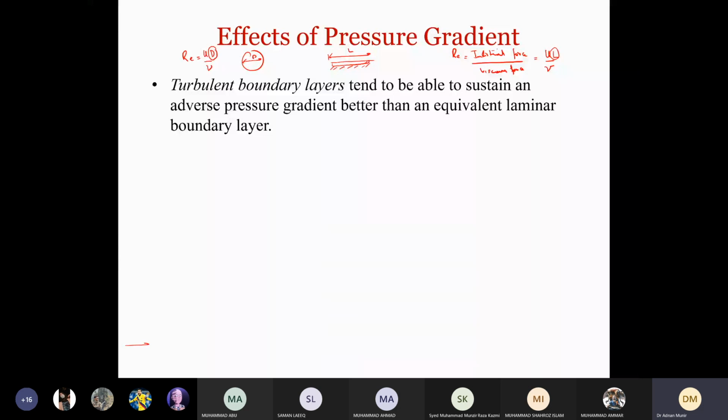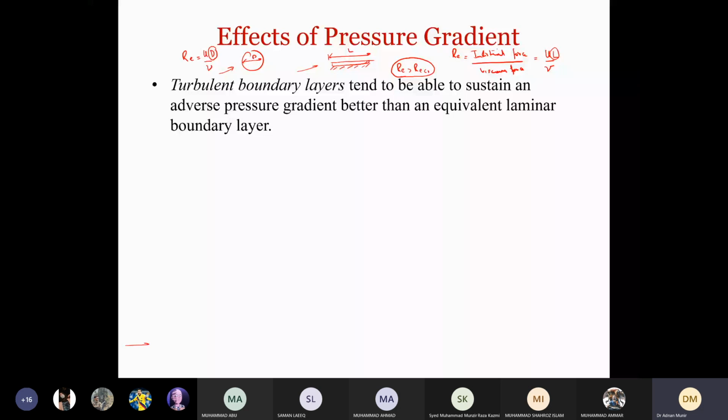Now in this case, you can clearly see that the flow transitions from laminar to turbulent when the Reynolds number is increased beyond a critical value. That critical value is found from experiments and is different for a flat plate and for a circular cylinder. It is also worth noting that these are the cases of external flows.